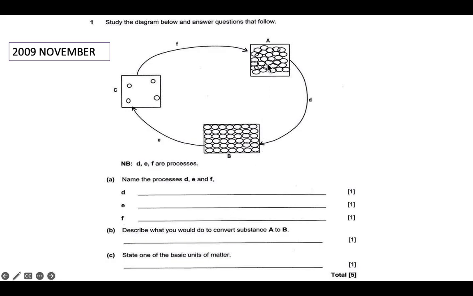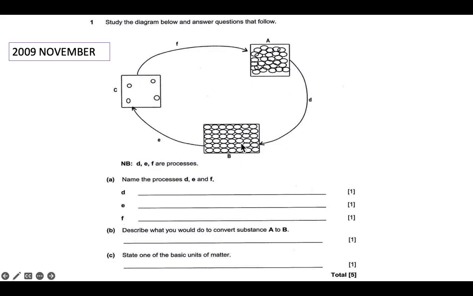When a liquid is changing to a solid, we call this freezing. Freezing is the change of state from a liquid to a solid, sometimes said to be solidification.